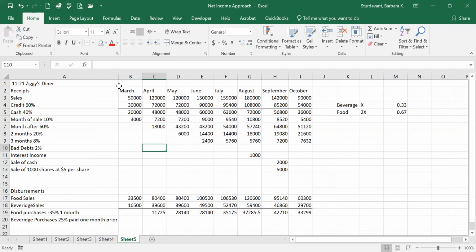All right, so beverage sales for March, 25% would have been paid for in February.